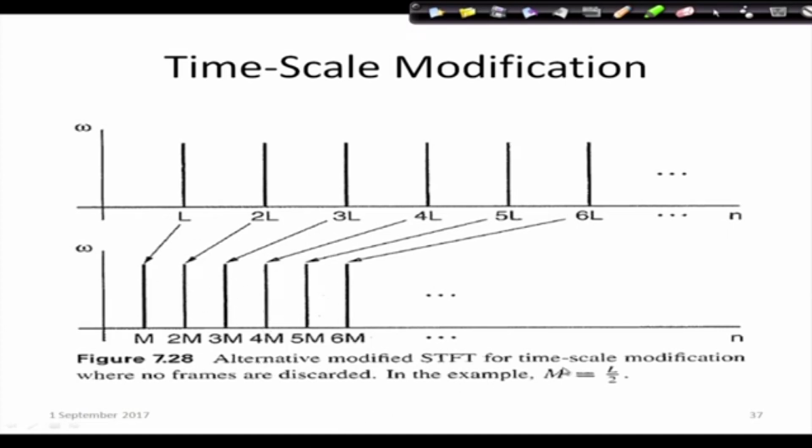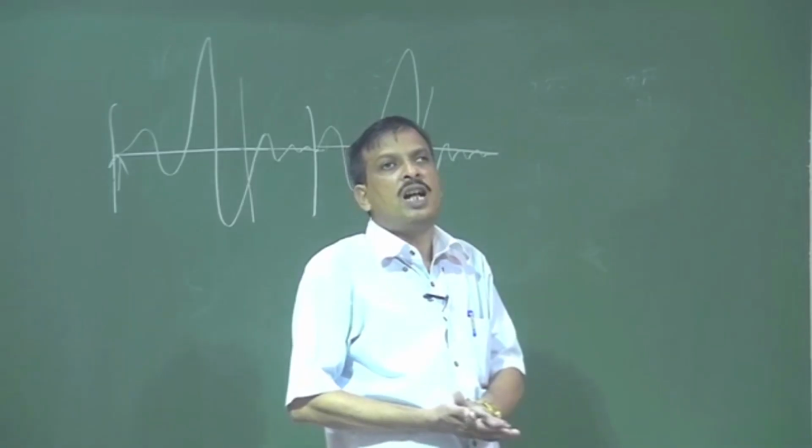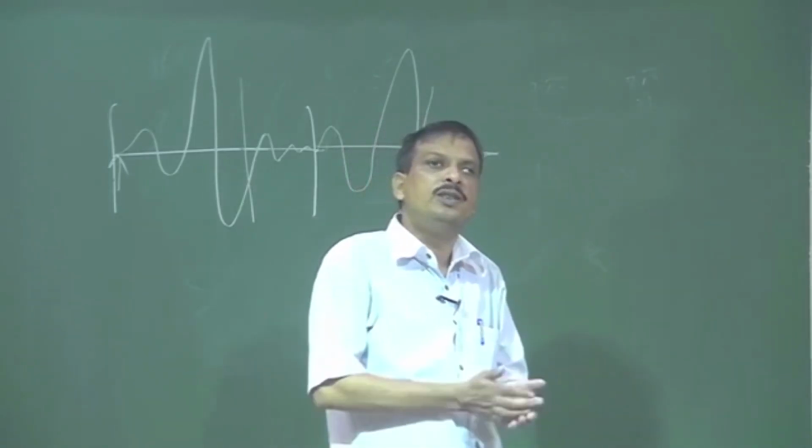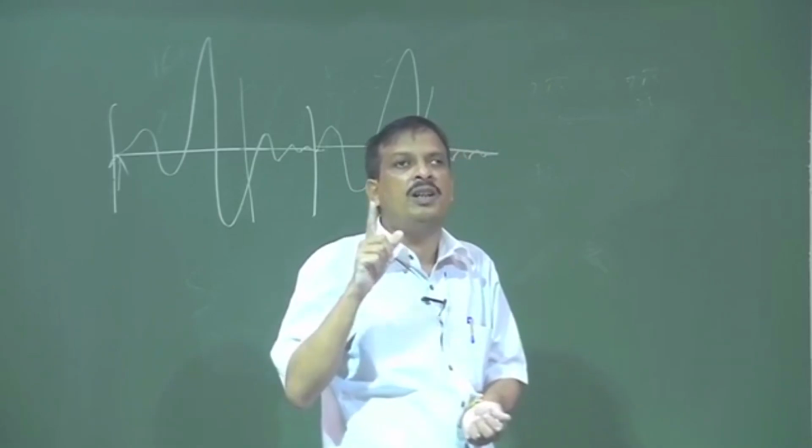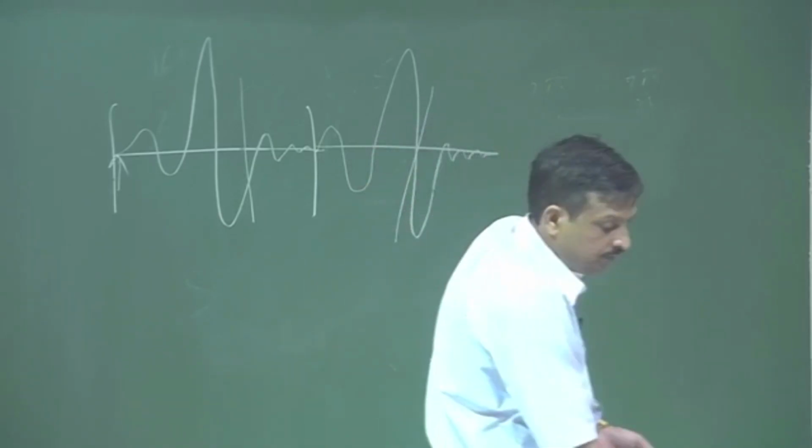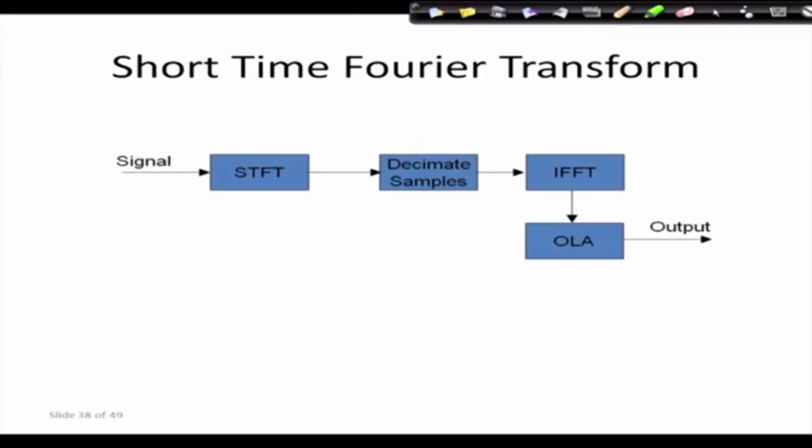So I can say I squeeze the number of samples, so I can speed up the signal. If I want to slow down the signal, instead of half, I can say 2L. So it is double. Okay. So this way I can do the time scale modification of the speech signal, which is the application of STFTM. So this is the block diagram.